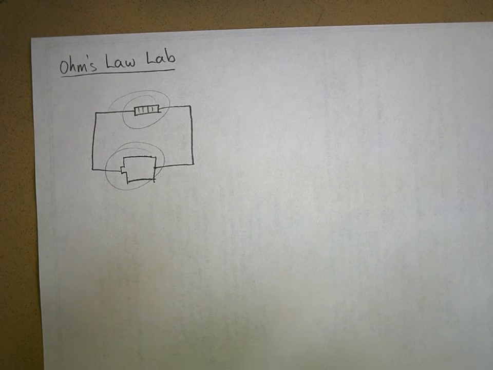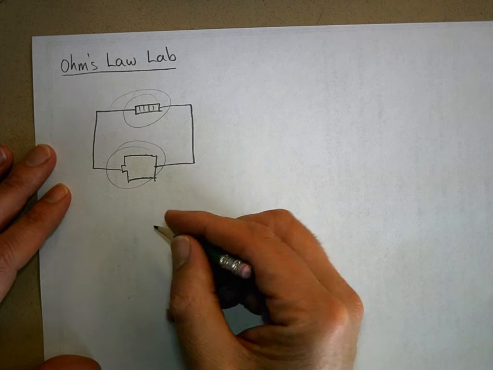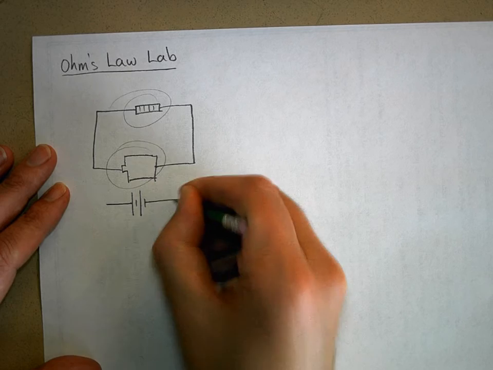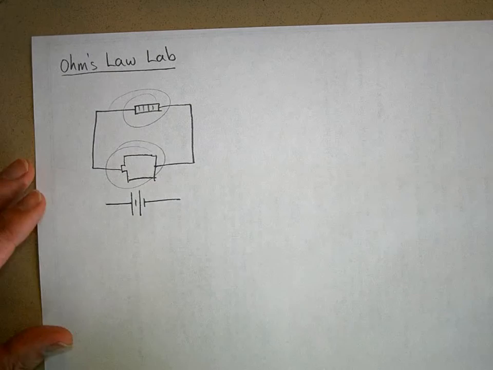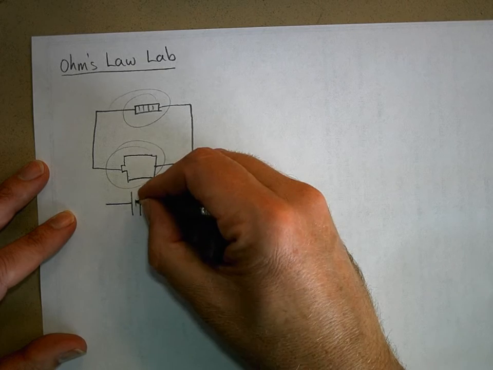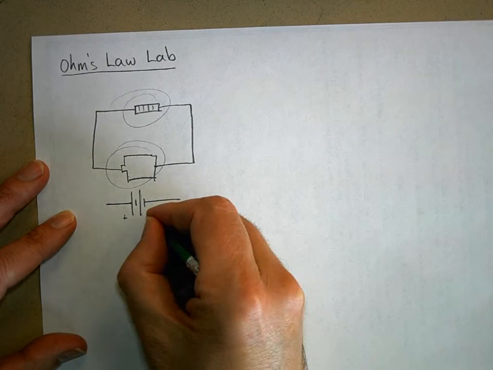But it's like a code, and you just have to know what the symbols are in the code. And the symbol for a battery is this. I think I showed this to you the other day, where this is a long line and a short line, a long line, a short line. And this would be the positive side, and this would be the negative side.